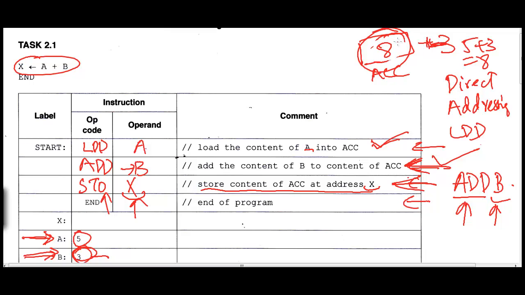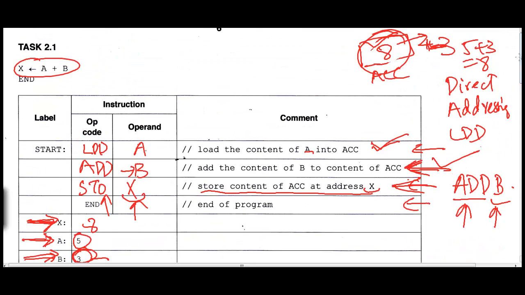So this value 8 in the accumulator is now going to be stored at this location, which is pointed to by X, this location which has this label X. This value 8 is going to be saved at this location X, and finally this end instruction is ending the program.